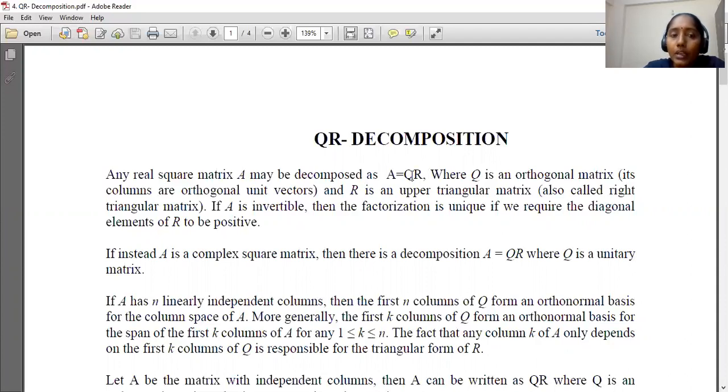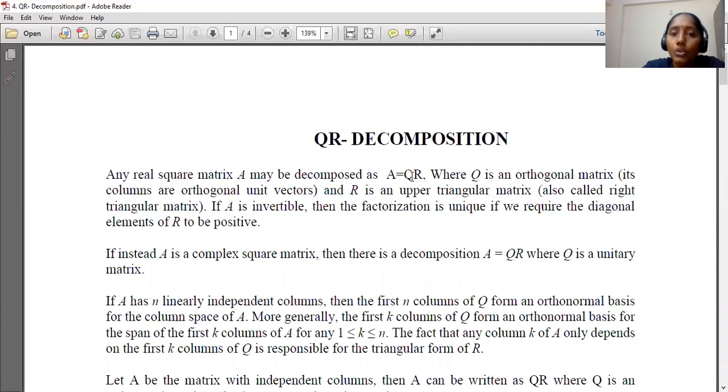Okay, Q is an orthogonal matrix which has the orthonormal eigenvectors of A as its columns. Suppose A has columns x1, x2, x3, then Q has the eigenvectors corresponding to eigenvalues of A as columns, which are orthonormal eigenvectors.